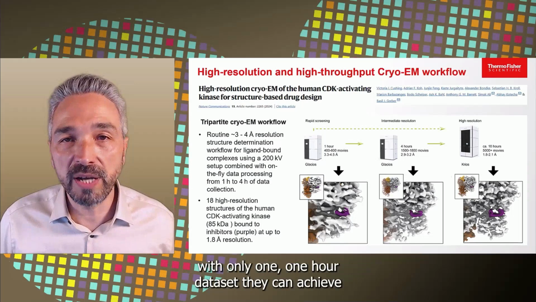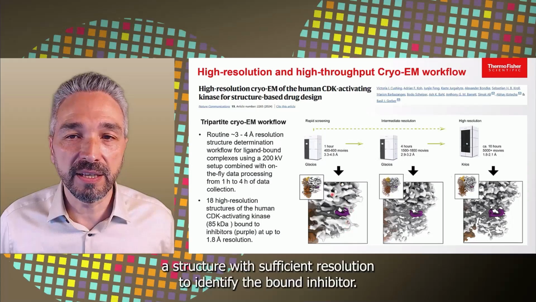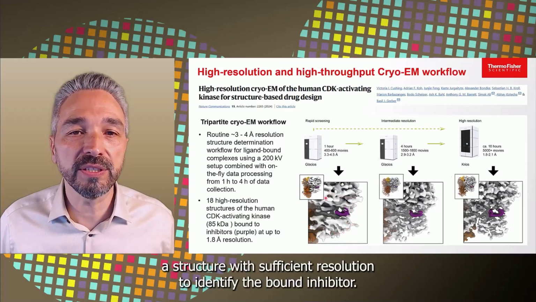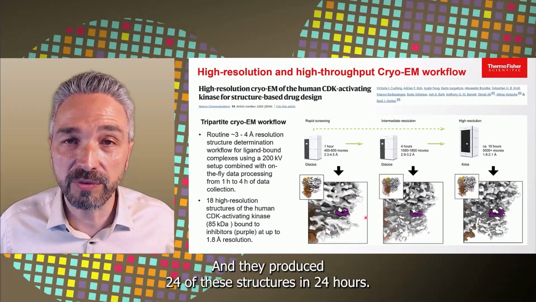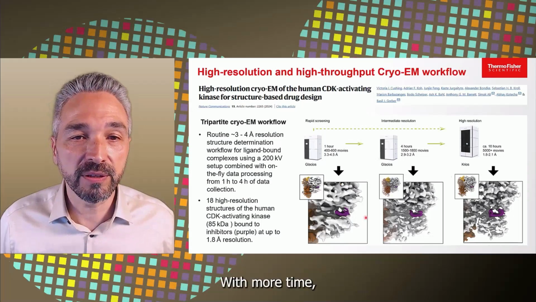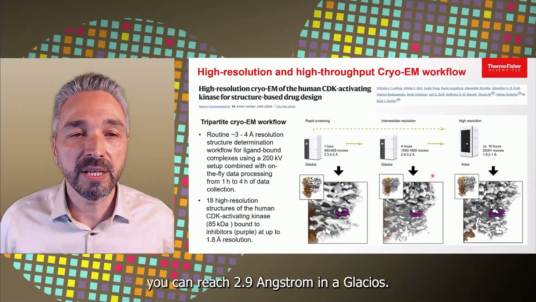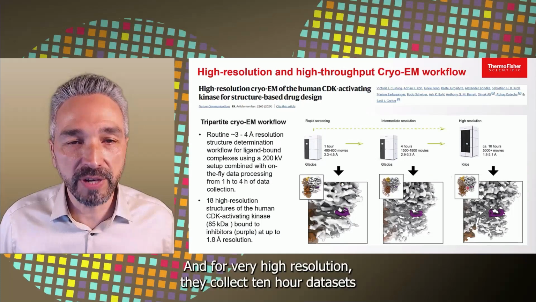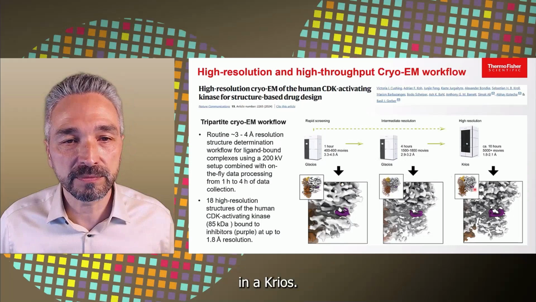With only one 1-hour data set, they can achieve a structure with sufficient resolution to identify the bound inhibitor, and they produced 24 of these structures in 24 hours. With more time, you can reach 2.9 angstrom in a Glacios, and for very high resolution, they collected 10-hour data sets in a Krios.